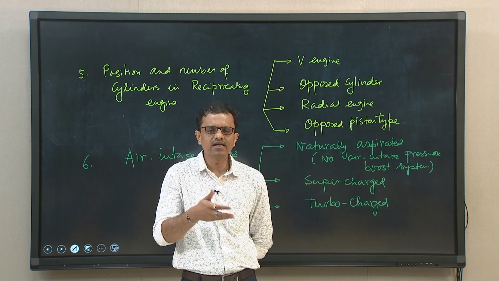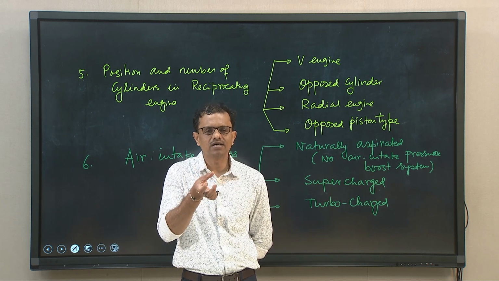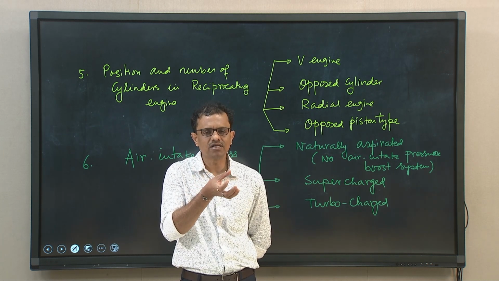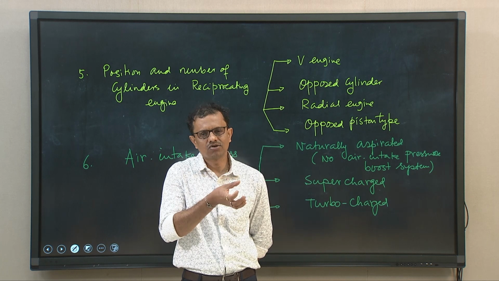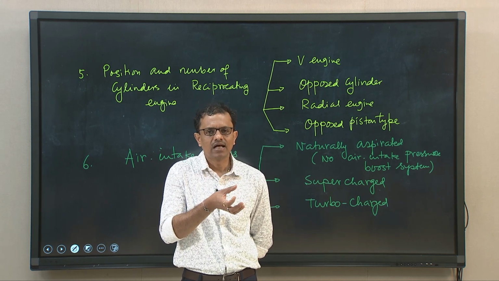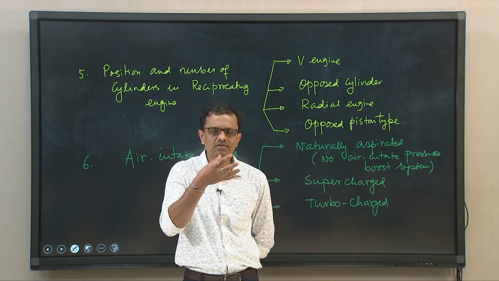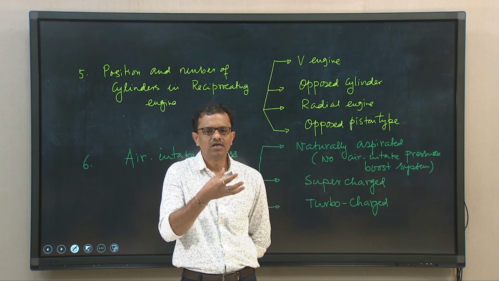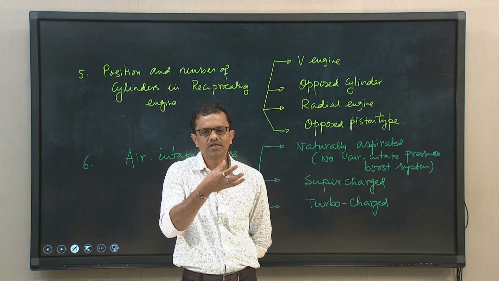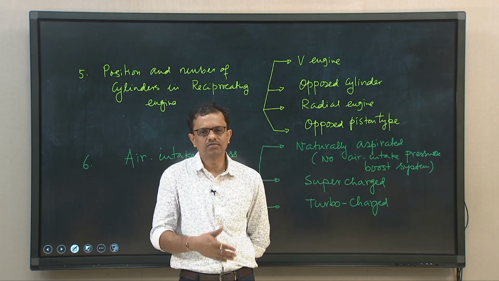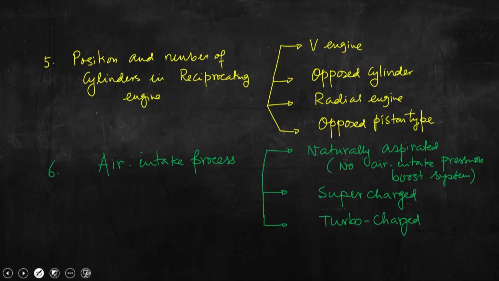While the turbine is moving, we can also connect another small compressor to the common shaft of the turbine, and that compressor will allow air to be drawn into the engine cylinder at relatively higher pressure, and that is the turbocharger. And finally, this is also not very common, crankcase compressed.